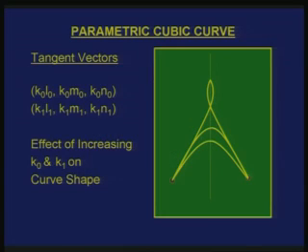These are the 3 different curves obtained by changing the values of k0 and k1. As it increases, it changes its shape, and at some stage it starts forming loops, as shown here. You never go to this point as part of any curve modeling or surface modeling. This can happen in surfaces too in some situations.